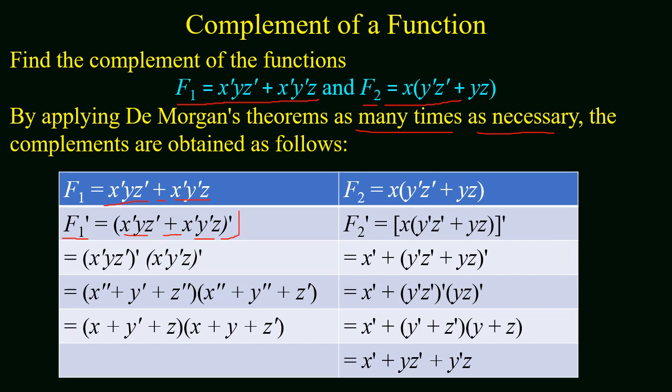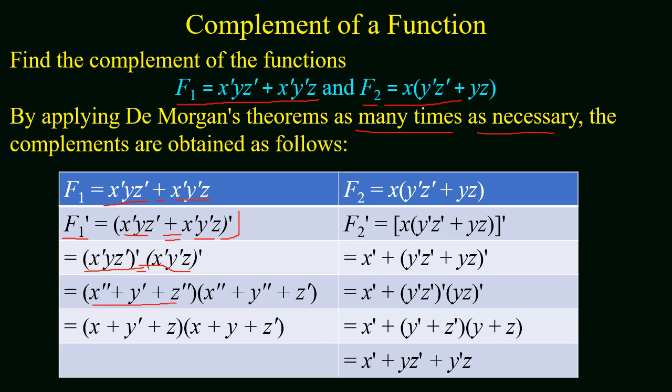Now using De Morgan's law, the addition will be changed into multiplication and we will take the complement of each term. Within each term the variables are being multiplied, so we will have a relation in which terms are added.